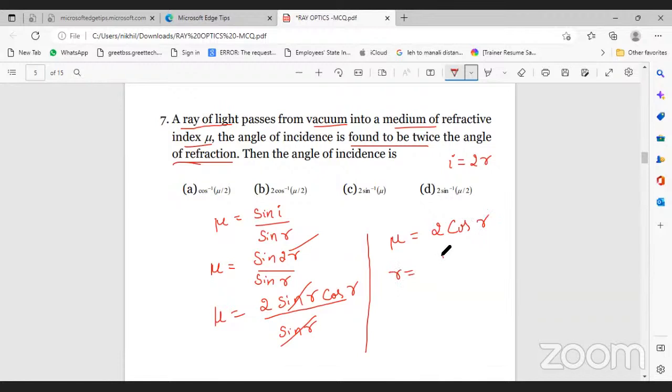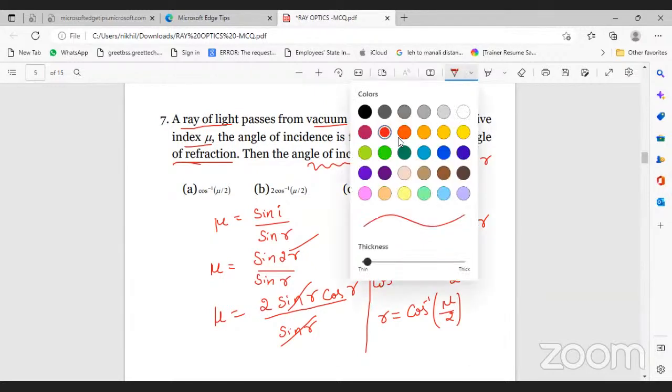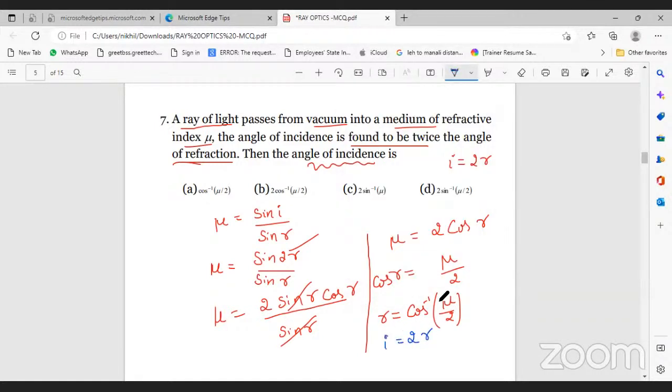So cos r will be equal to mu divided by 2. So r will be cos inverse of mu by 2. But they're asking you to find what? Angle of incidence. You know that angle of incidence i is equal to 2r.